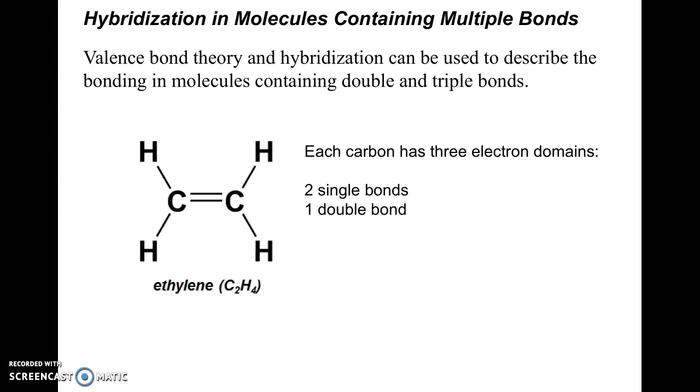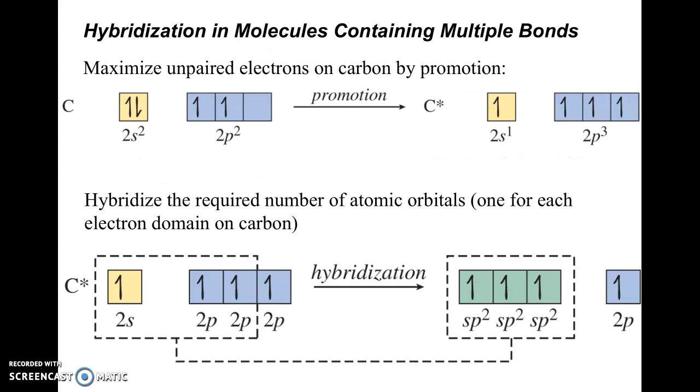Ethylene has 2 carbon centers, if you will, and each one has 3 electron domains. The one where it's bonded to the other carbon, and then 2 where it's bonded to the hydrogens. So we expect we would need sp2 hybridization. All right, if we look at the carbon, we see it has a pair of electrons in the 2s and 2 single electrons in the 2p.